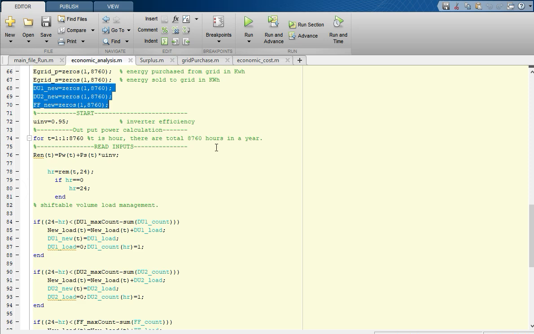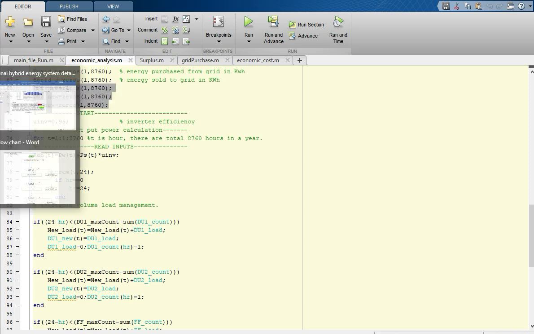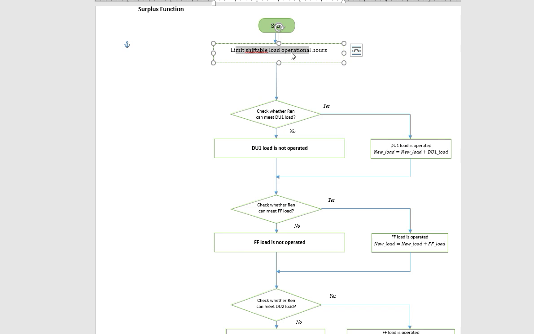It should not be operated beyond 8 hours. Similarly for DU1 and DU2 load, there it is 16, so it should not be operated beyond its maximum operational time in hours. So we will limit this one. How it's implemented in the code, we will discuss later on.